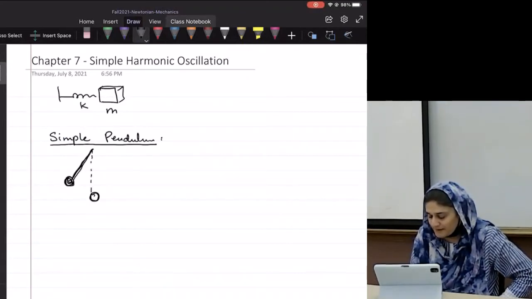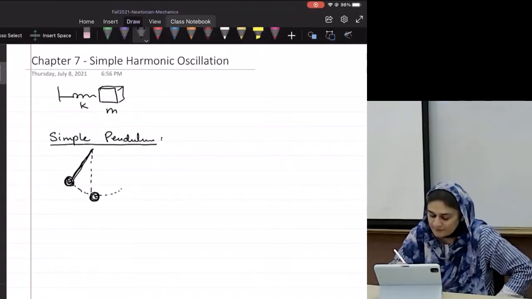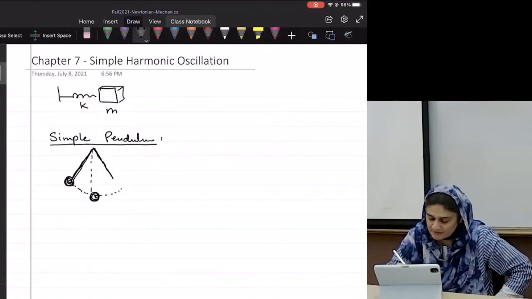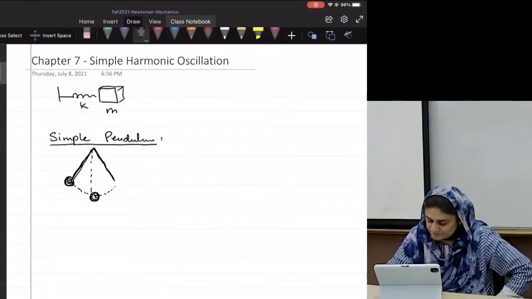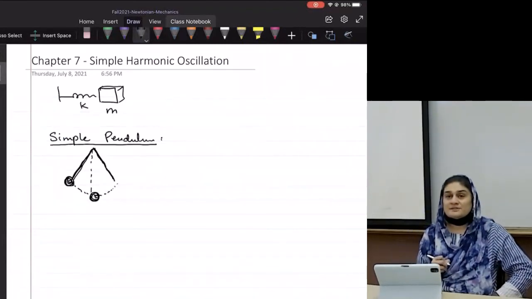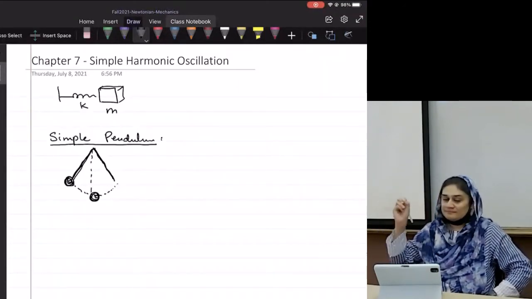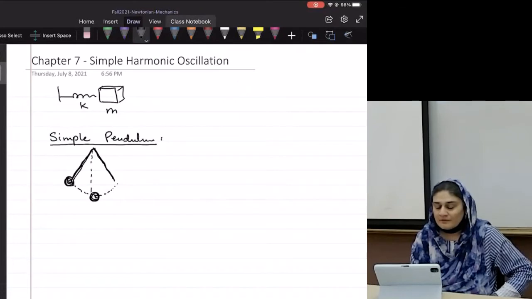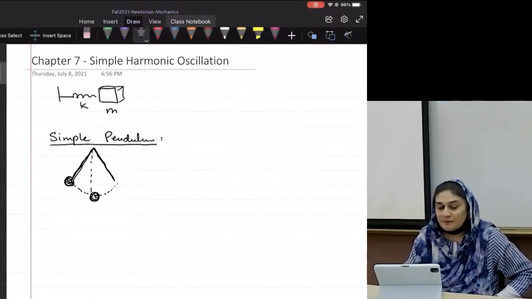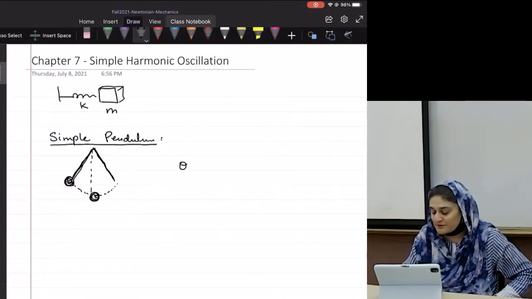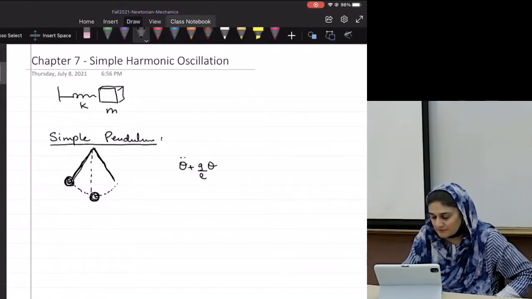Good. A hanging mass connected that goes back and forth, correct? As it swings, it goes up and it goes down. So the formula that we are looking for for a simple pendulum is this one, which should be a big hint.